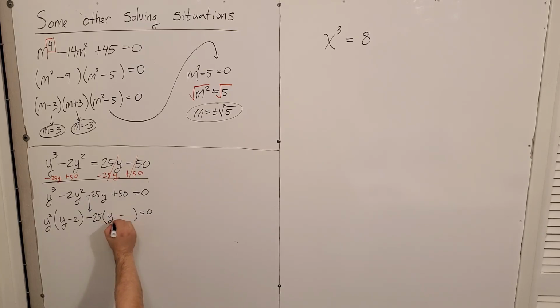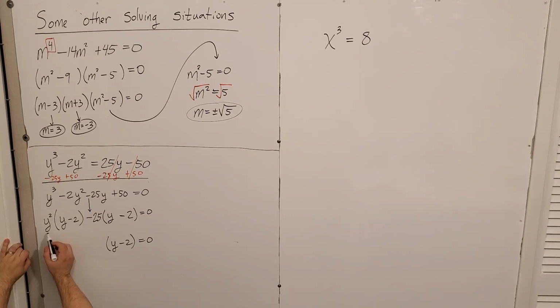That's going to leave me with a y, and 50 divided by negative 25 is negative 2. Look, I got exactly what I wanted. The leftovers are the same. So what I do is I pull that out. I pull out a y minus 2, and I'm left with y squared minus 25.